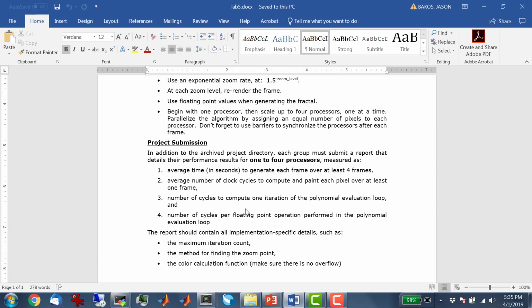Your report needs to contain all of the things that you decided on, like iteration count and method for finding the zoom point and the color calculation. Why is this important? Because your performance numbers are going to depend on how many iterations you go through. A lot of you are probably going to decide at some point while debugging to crank your iterations down to some really low number, like 50 or 100, to speed things up. But you'll notice that when you do that, you're going to see false positives on your screen.